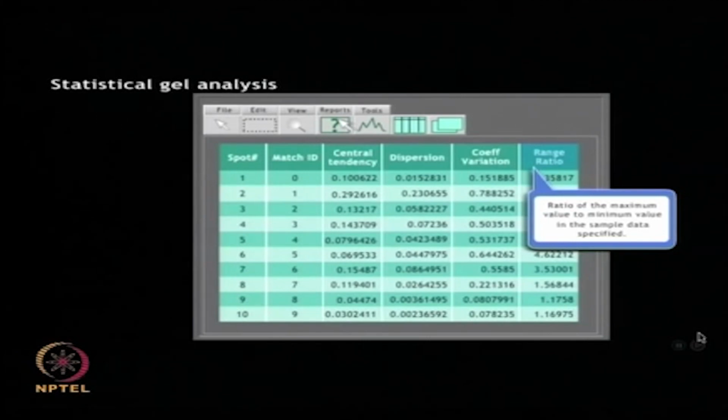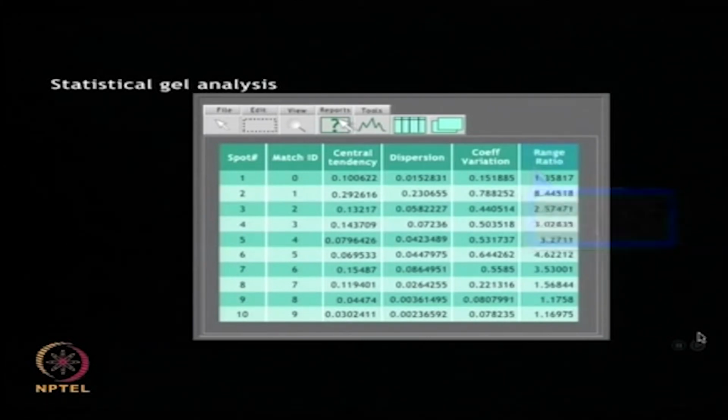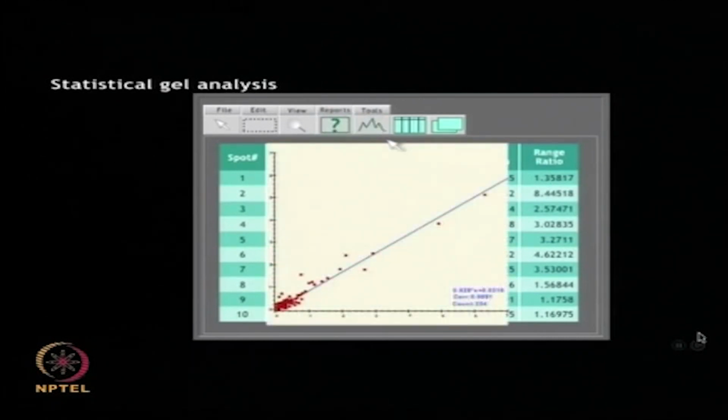The scatter plots and histograms can also be plotted for clear data analysis. These can provide information regarding inter and intra-gel variations.